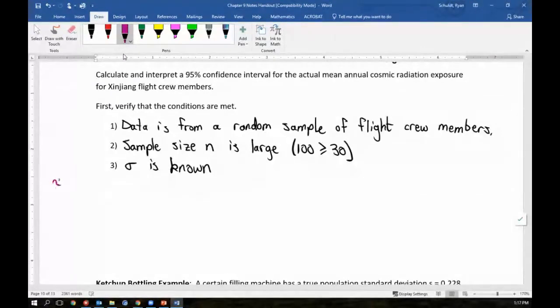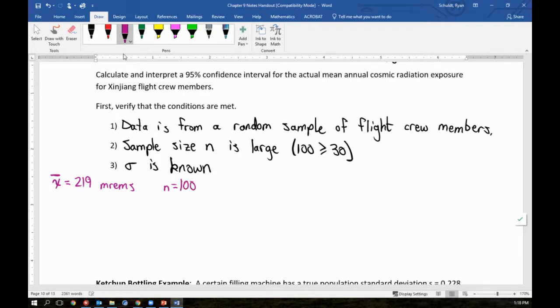So let's see, what's X bar? What's our sample mean? What do they tell us our mean is? 219, that's right. Okay, do we know N? N's 100.